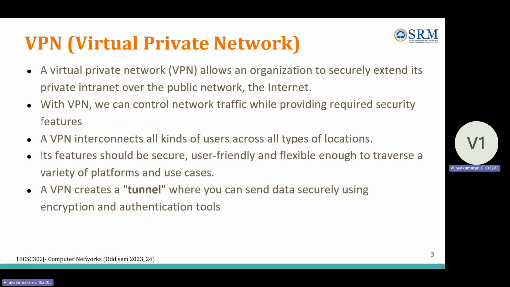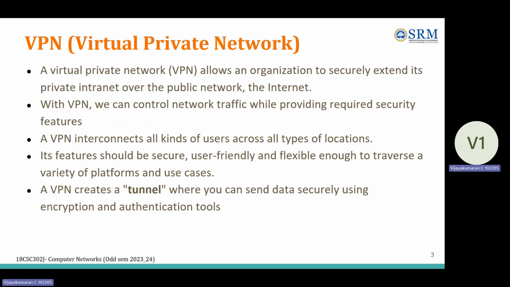So we can host our intranet in the public network called the internet by providing the required security and the required bandwidth limitations. Because on the public network the security is very low, but we need to achieve the desired security as well as the desired speed.